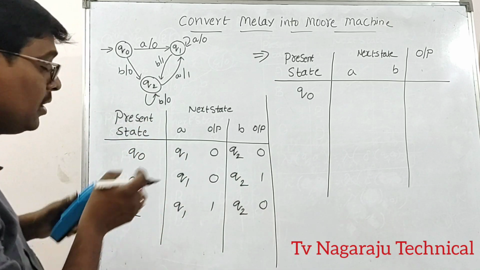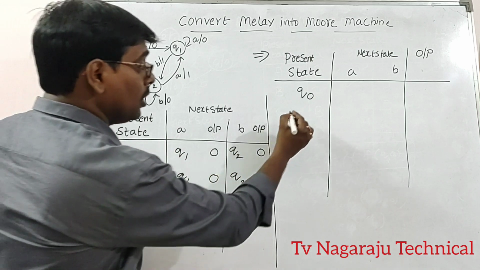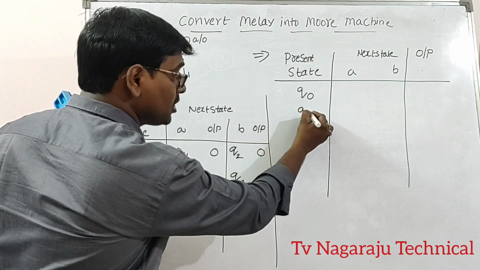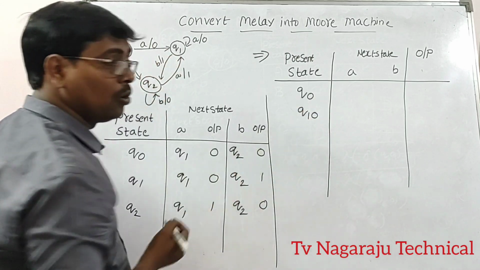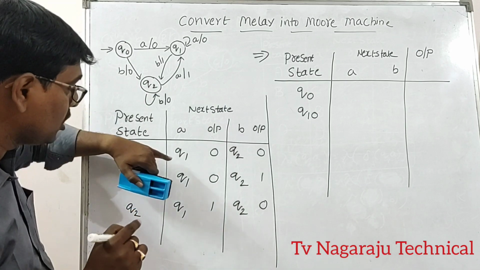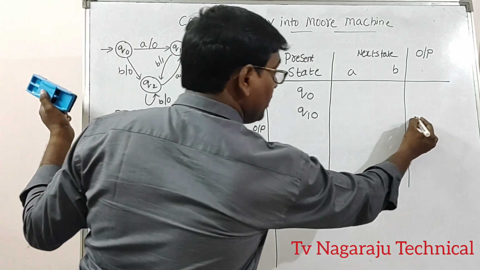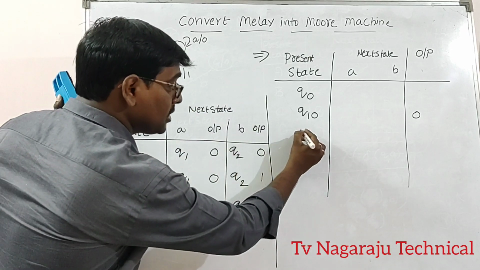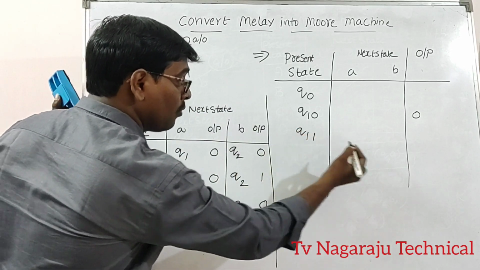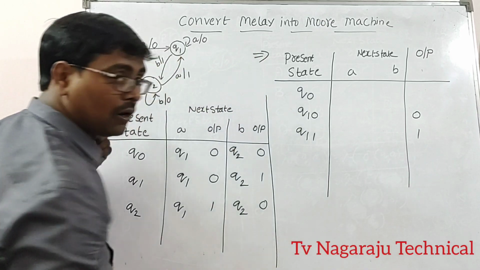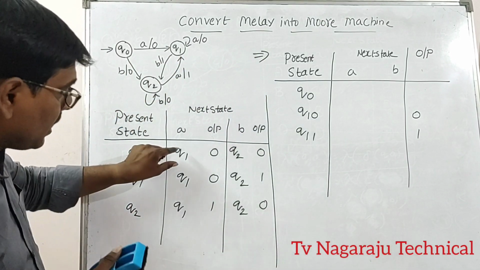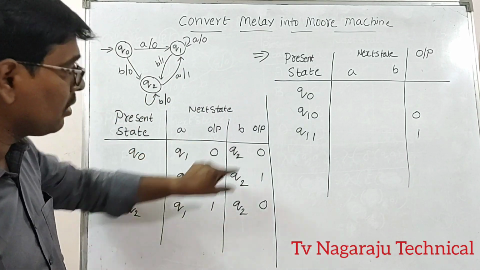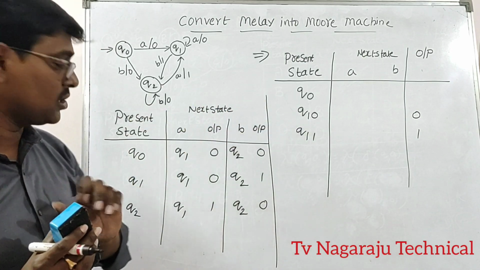So one state is Q10, fixed with an output of 0. Another state is Q11 with an output of 1. Clear the point? If a state has more than one output, divide in this fashion.